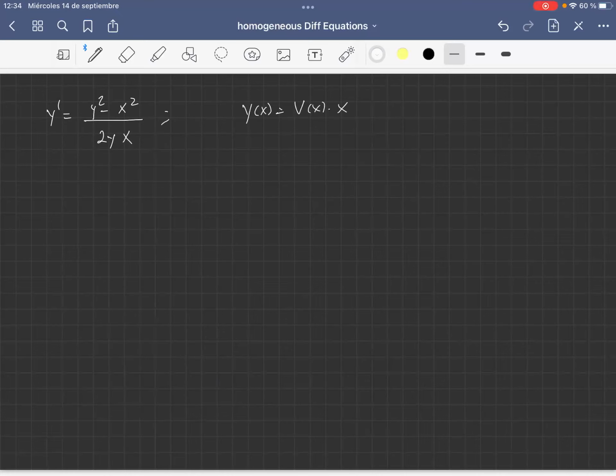This is the change of variable. We have to derive it in order to use it. With the derivation rule of the product, we just get this. So, introducing the change now.